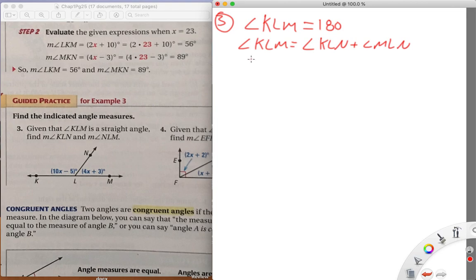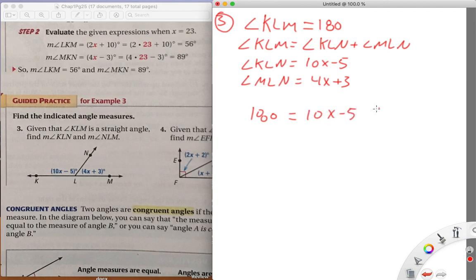I also know that KLN is equal to 10x minus 5, and I know that angle MLN is equal to 4x plus 3. So what can I do? I can substitute. I'm going to substitute 180 for KLM, I'm going to substitute 10x minus 5 for KLN, and I'm going to substitute 4x plus 3 for MLN.